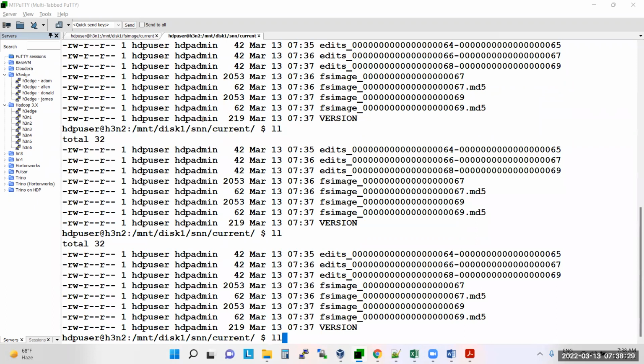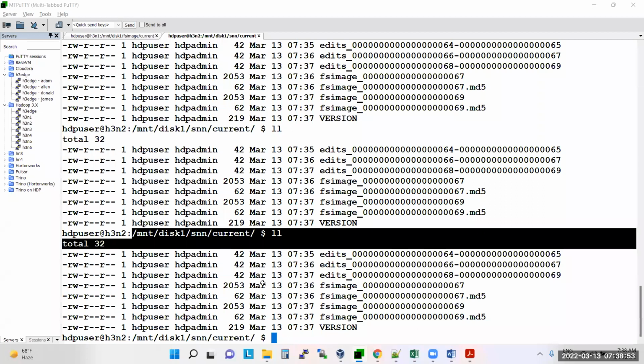I'll show you the difference. See what happened. This secondary name node is bringing the edits from the main name node and the FS image from the main name node, and it is merging them into a new FS image. In which location? This is the location, MNT disk 1.